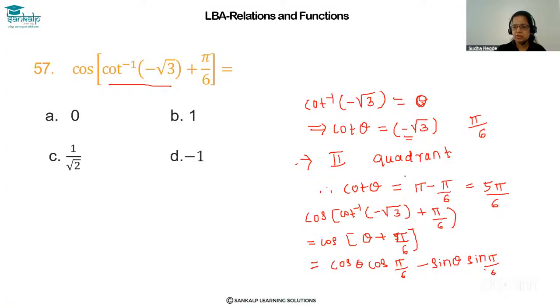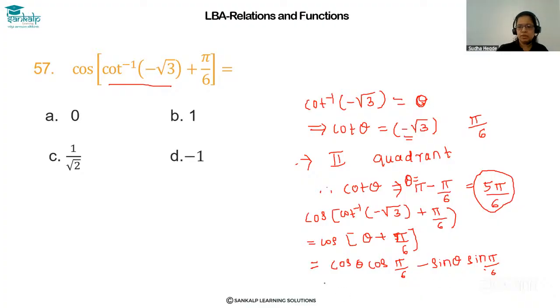Here theta is equal to pi minus pi by 6, that is 5 pi by 6. You can write the theta value here if it is confusing, take the theta value and simplify, and you are going to get the required answer.